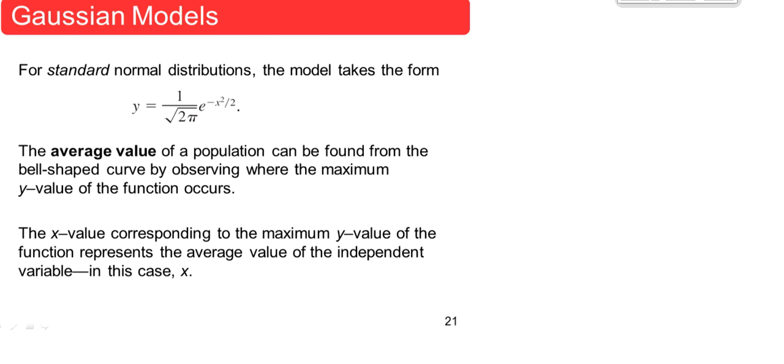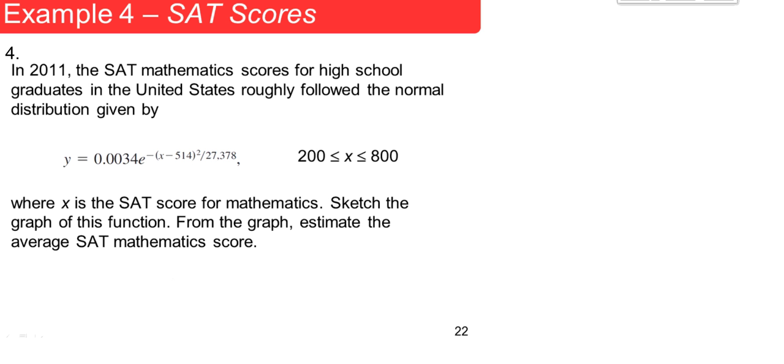So then number 4, our problem that we're going to look at, says in 2011, the SAT mathematics scores for high school graduates in the United States roughly followed the normal distribution given by y equals, so they're giving us the model, 0.0034 e to the negative (x minus 514) squared divided by 27,378, with 200 less than or equal to x, which is less than or equal to 800. x is the SAT score in mathematics.